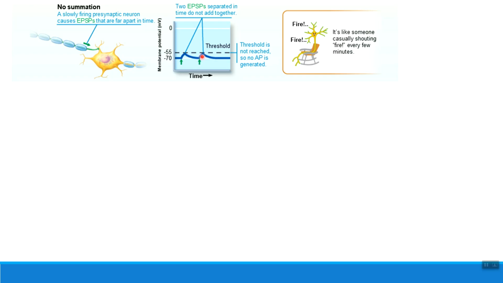It gets another message, that message is kind of cool, but not super cool, not enough to get it up above this thing called threshold, so it goes back down to its resting membrane potential. When a neuron is listening to another neuron, but it's not adding those messages together, it's harder for my neuron to get excited enough to talk to somebody else.